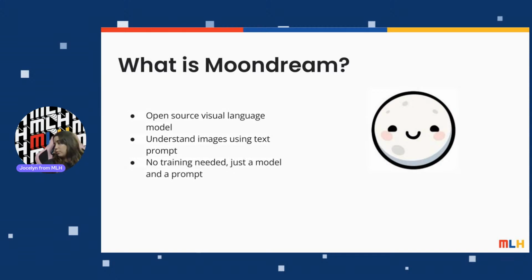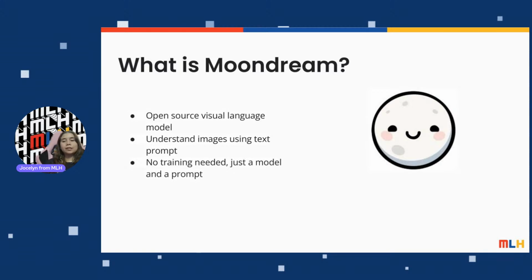Awesome. So great. Let's move on to what is Moondream and especially Moondream's API. Moondream is related to computer vision, and it is open source, which is also super cool. It is a visual language model, so it understands the images that you upload using a text prompt.